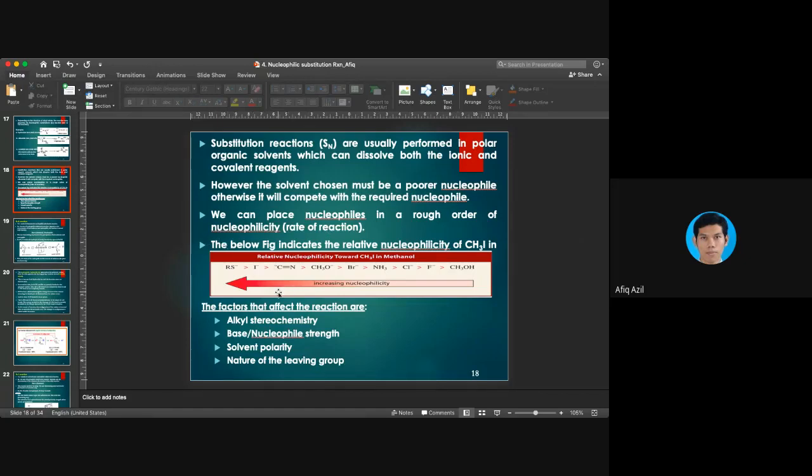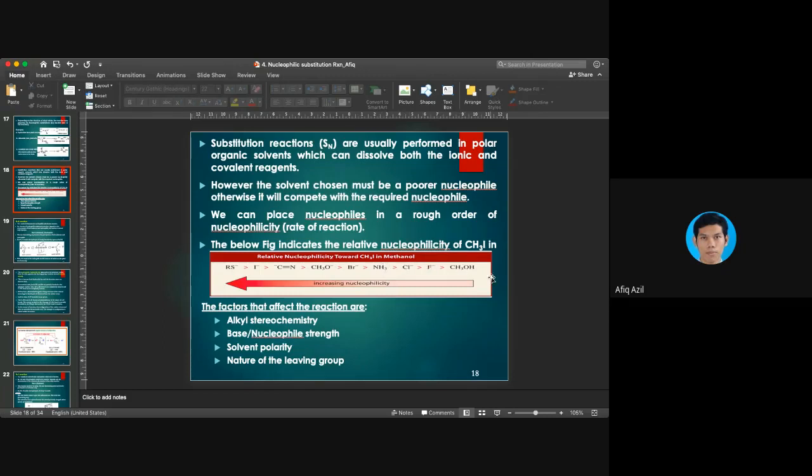This figure indicates the relative nucleophilicity of different nucleophiles towards CH3I, methyl iodide, in methanol. This is an example of a reaction. RS, iodide, cyanide, alkoxide (this is methoxide), bromide, ammonia, chloride, fluoride, and methanol.